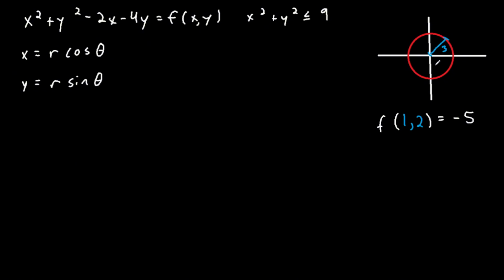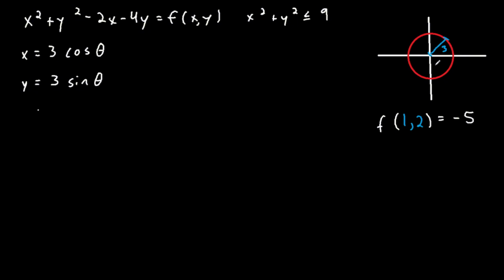And for this, here's the thing though. We are only counting the boundary. So we don't want r to vary. We would just want r to equal 3 because we're trying to only look along the boundary. Therefore, we only have a single variable, theta.